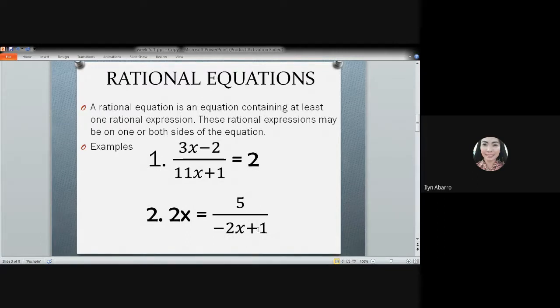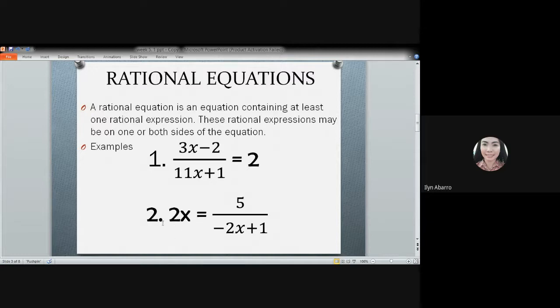This is a rational equation because we are using the equal sign and both sides are rational expressions. 2x is a rational expression. Why? It also has a denominator which is 1. It's just not written when the denominator is 1.